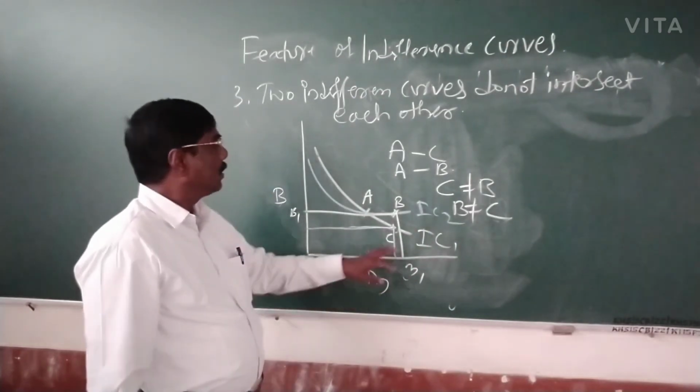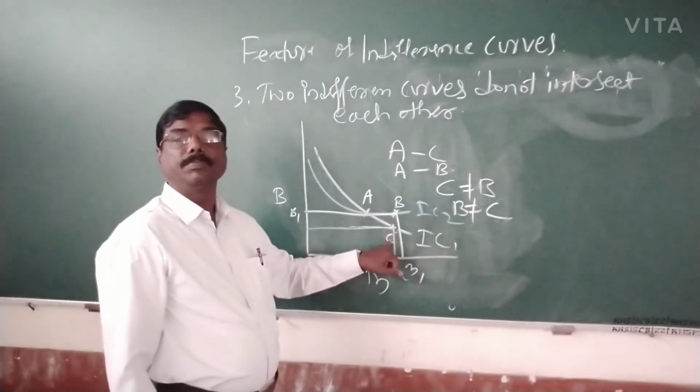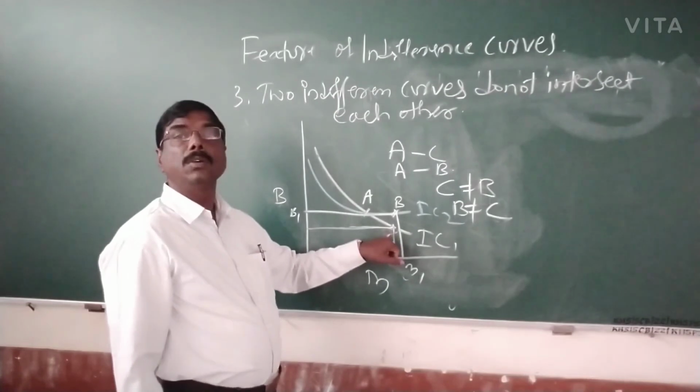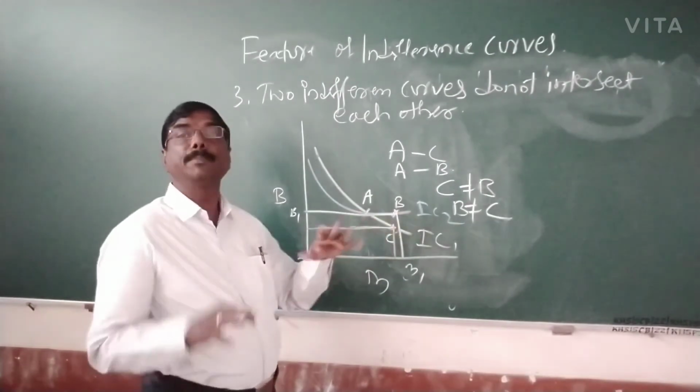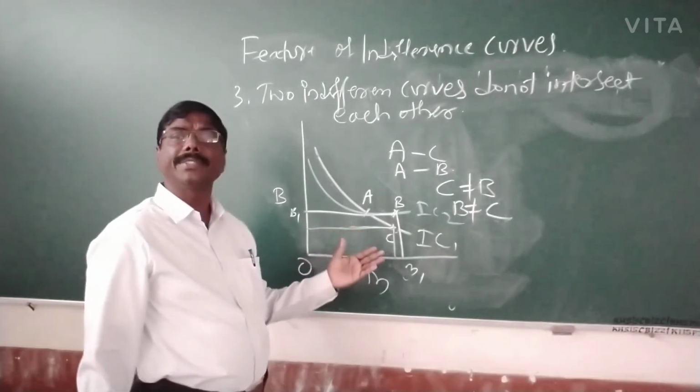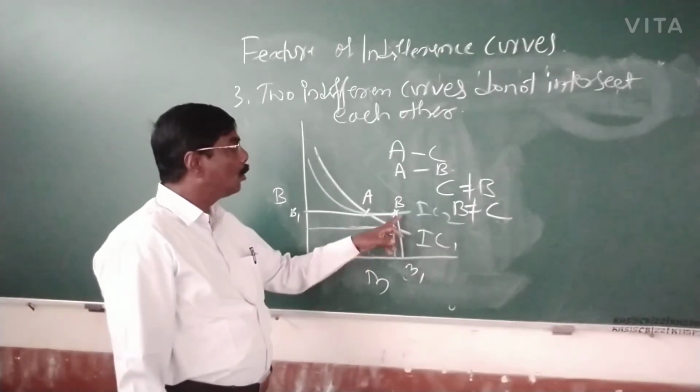Therefore, the satisfaction derived from the C combination is not equal to B. At B the consumer is consuming more quantity of both commodities and he gets more satisfaction.